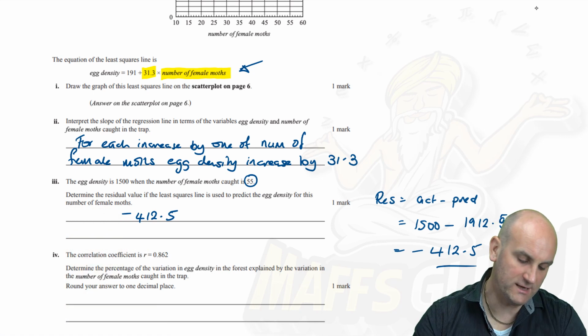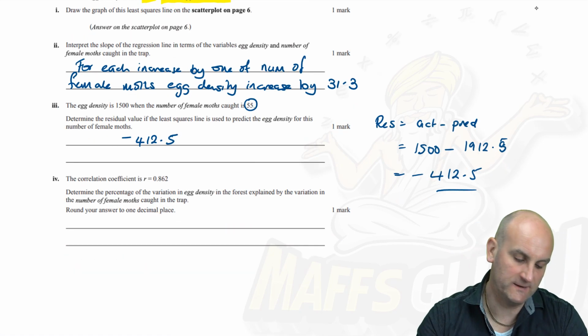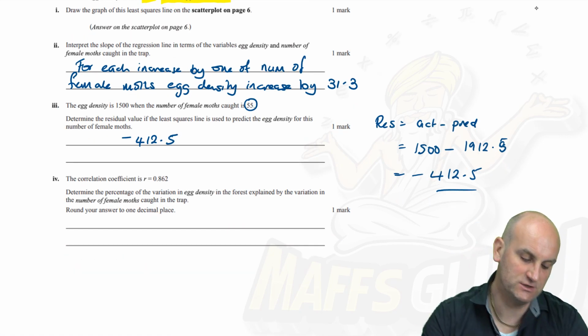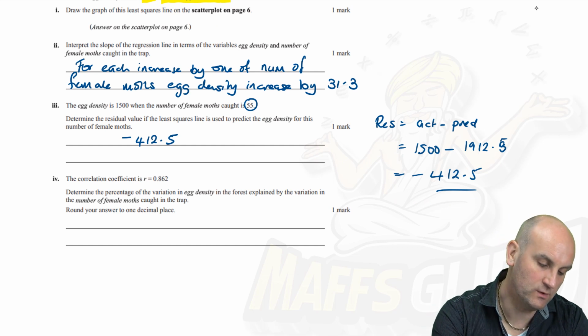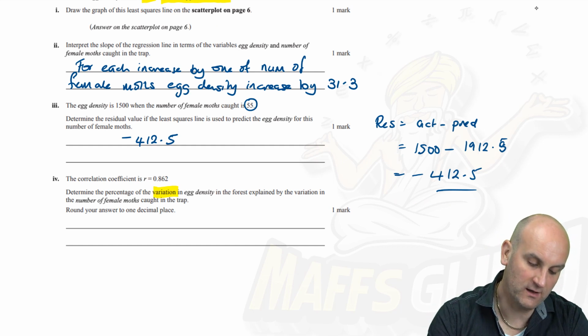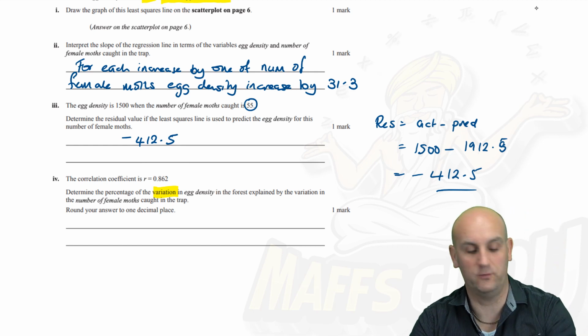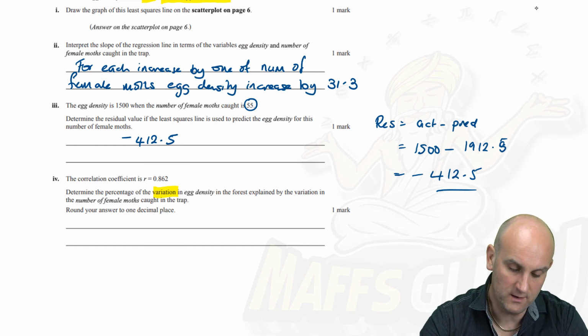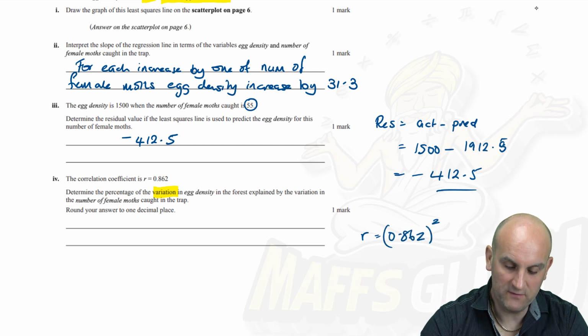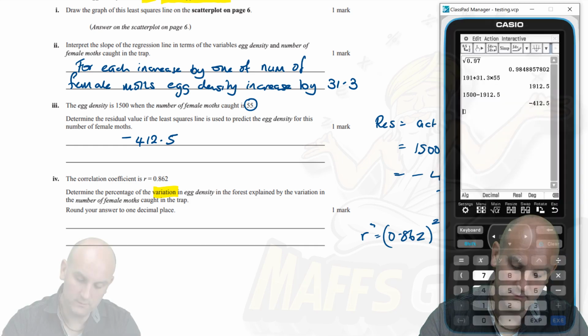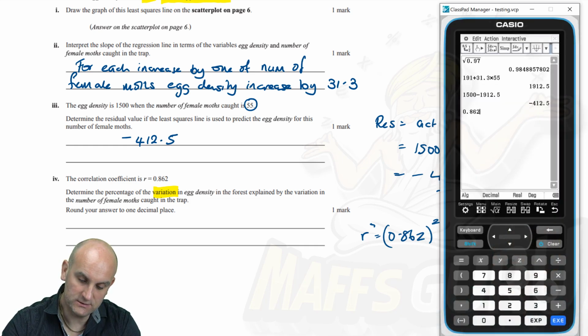The correlation coefficient is 0.862. Determine the percentage of the variation in egg density. Now, the minute I see the word variation, I know that it's asking me to look for the value of r squared. They've given me the value of r, so I'm going to have to take the value of r and square it to give me my value of r squared. So 0.862, and then we're going to square it.